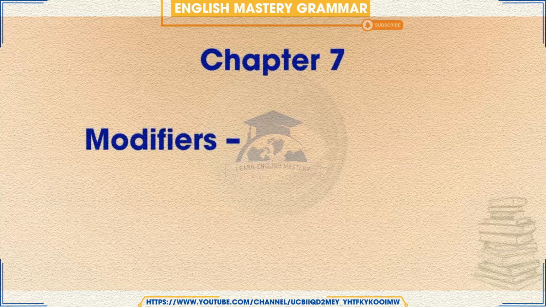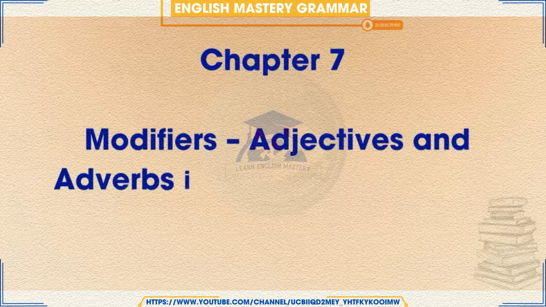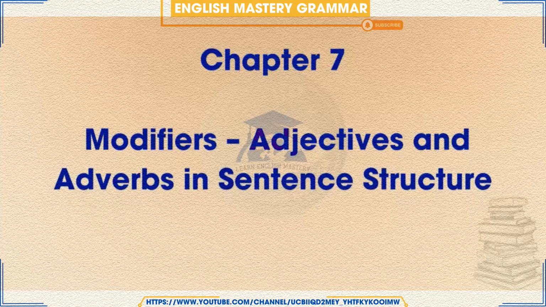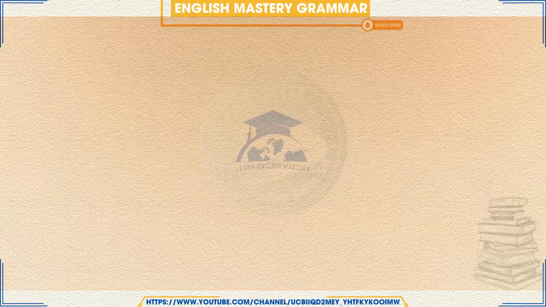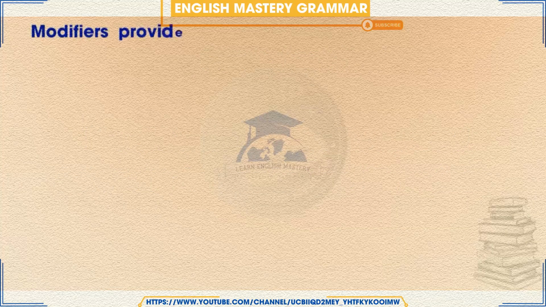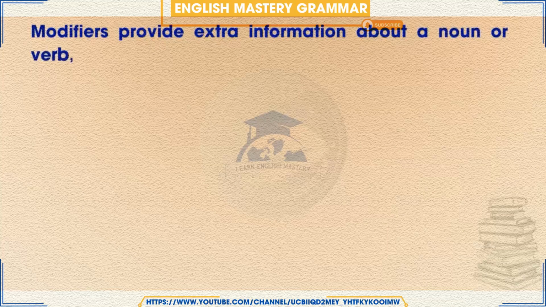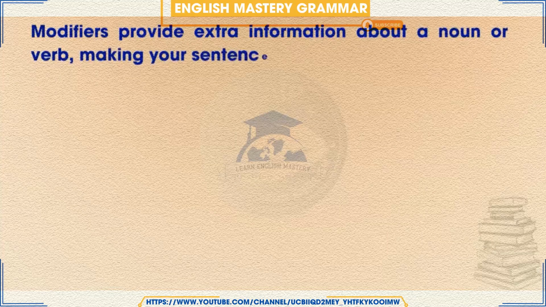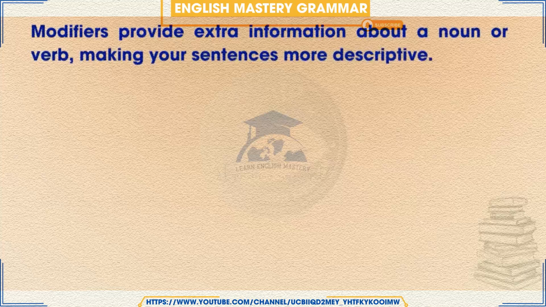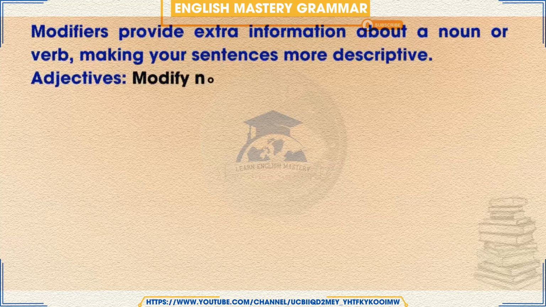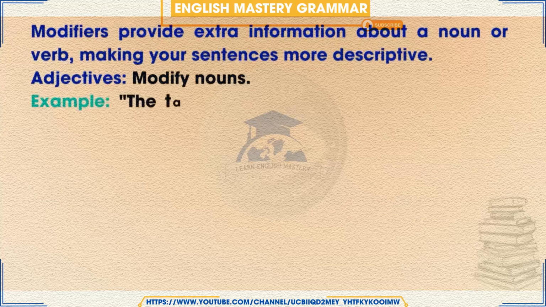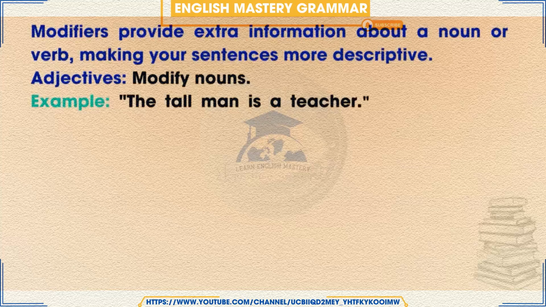Chapter 7: Modifiers. Adjectives and adverbs in sentence structure. Modifiers provide extra information about a noun or verb, making your sentences more descriptive. Adjectives modify nouns. Example: The tall man is a teacher.